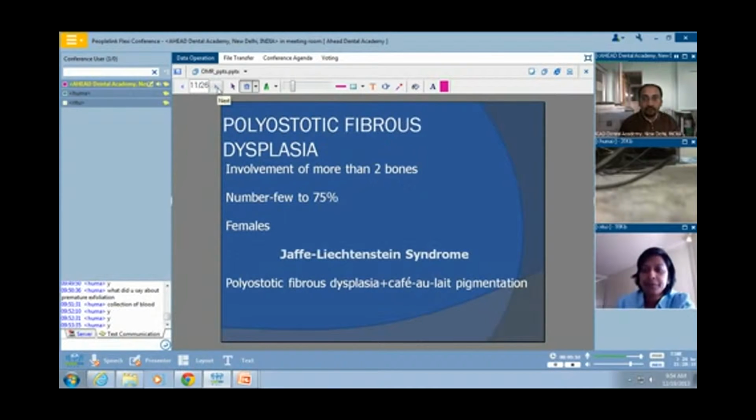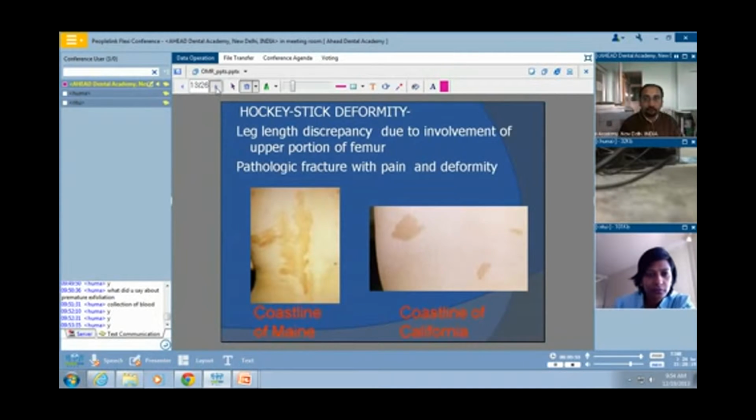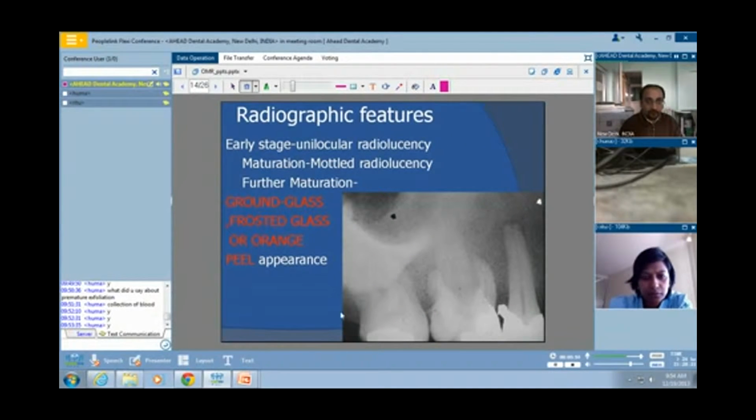Now, what are these radiological findings? As you can see in the slide, these are the radiographic features of fibrous dysplasia at any stage of the fibro-osseous lesion. Either monostotic or polyostotic really doesn't matter because it's the same radiographically.